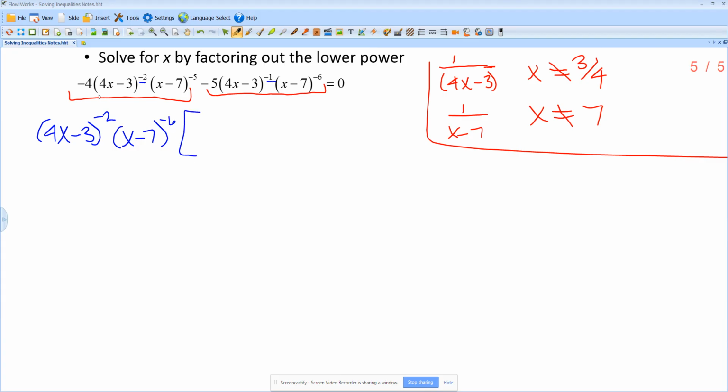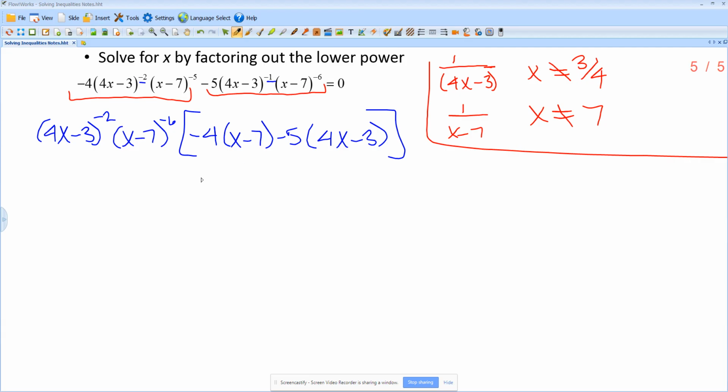Then I look at each term and I talk about what's left over. This -4 is left over. I took out both of my 4x minus 3's. I'd have one x minus 7 left because I'm taking -5 minus -6, which gives me a +1. For the other term, I took out all -6 of the x minus 7's, but I would still have a 4x minus 3.